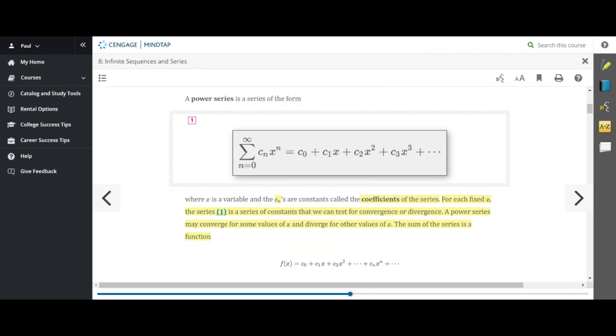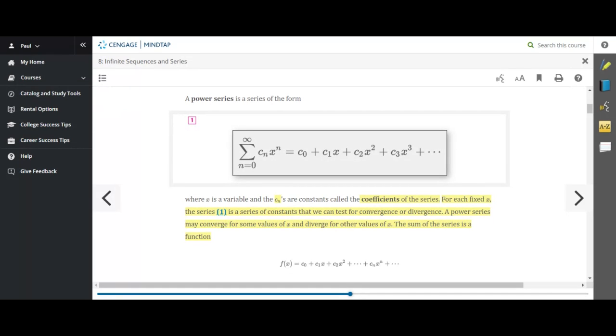The c sub n's are constants, and they're called the coefficients of the series. And for each x, the series becomes a series of constants. In other words, if we were to pick a value of x and substitute it in that power series formula, then we would get a series that we can test for convergence or divergence. And a power series may converge for some values of x and diverge for other values of x.